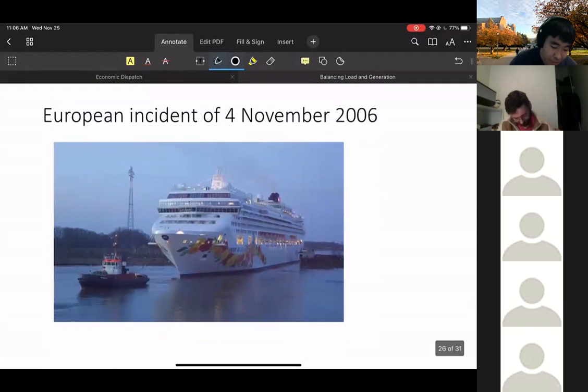Okay. So one good example of what happens when a system has a frequency offset is the following. This is a well-known event in Europe, November 4th, 2006. It happened because one ship was traveling from north to south in Europe.